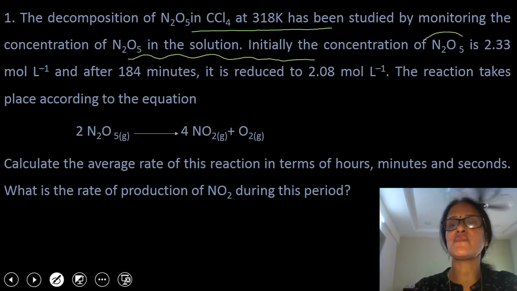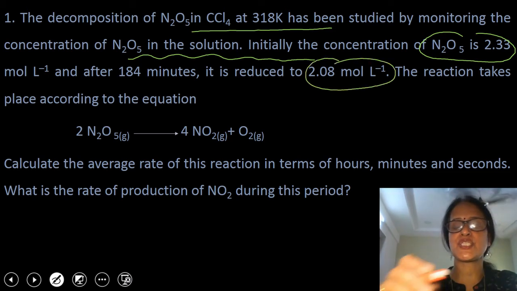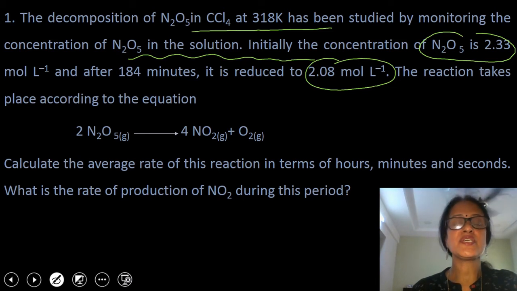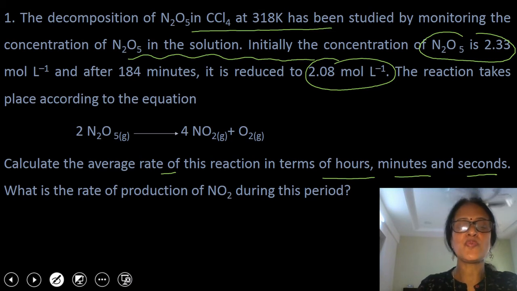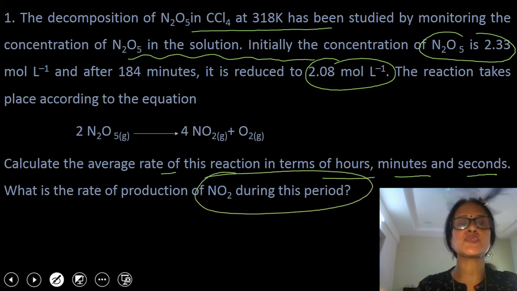Initial concentration of N2O5 was found to be 2.33 mole per liter, and after 184 minutes, it was reduced to 2.08 mole per liter. The reaction takes place according to the equation. So you have to calculate the average rate of this reaction in terms of hours, minutes and seconds. And one more point, you have been asked what is the rate of production of NO2 during this period.